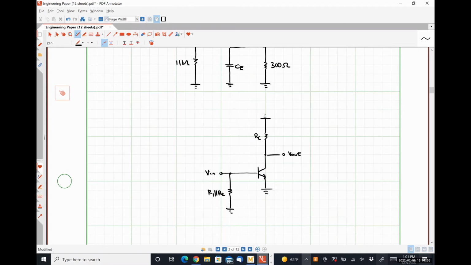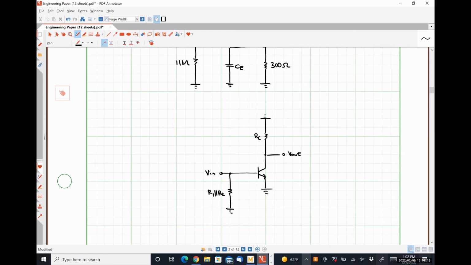Because obviously, since this is all of one node, all of our input signal gets passed to literally the base terminal, okay? So I would argue that this is just our simple common emitter amplifier with the early effect included because we were given a value for VA.